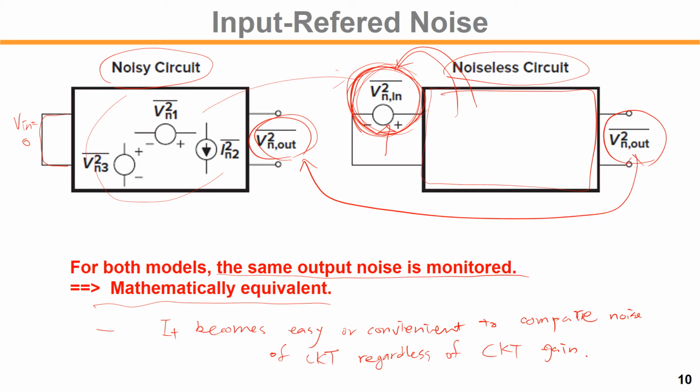We don't care about the circuit gain, whether it is 10 or 100. What we care about is the input side noise voltage, the input reference noise voltage. If this input reference noise voltage is larger or smaller, then we can say that this is low noise or large noise. Okay.